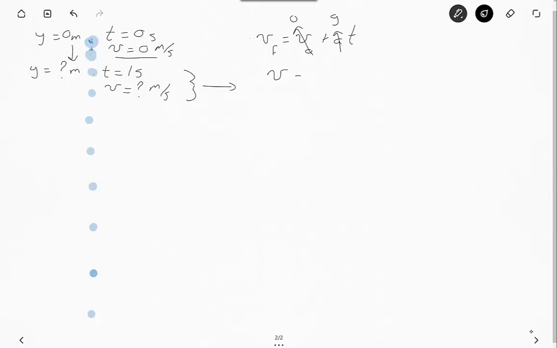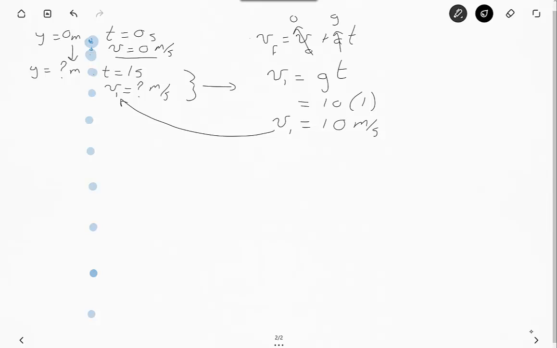So our velocity can be found by simply using the equation gt. So g is 10, t is 1, so our speed here is 10 meters per second. I'm going to call that V1 because that is our speed at the first second.